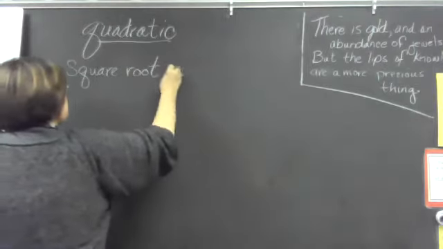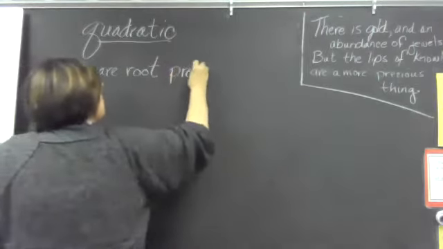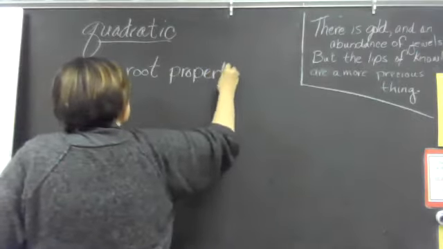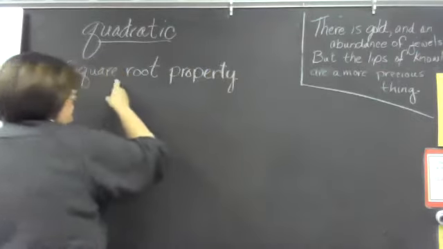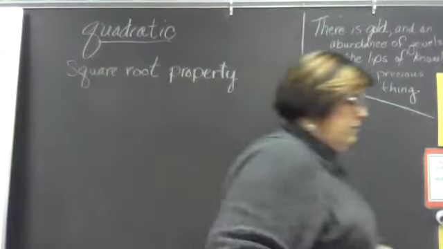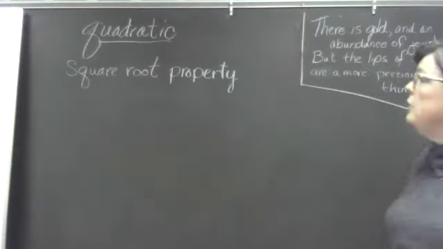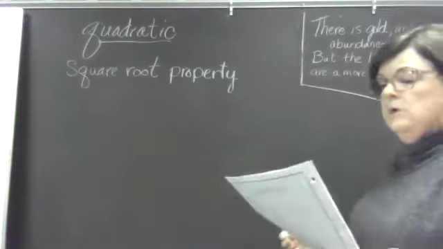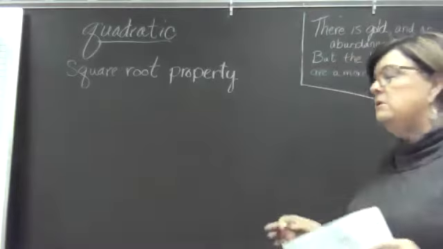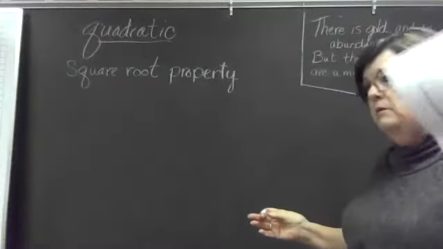Now, you don't necessarily have to memorize this phrase, but I want you to know this is what we're doing today. We're solving a quadratic by using the square root property, okay? This simply means that we're going to be taking the square root to find the answer. Ta-da. Okay, so it's easier for me to just explain.